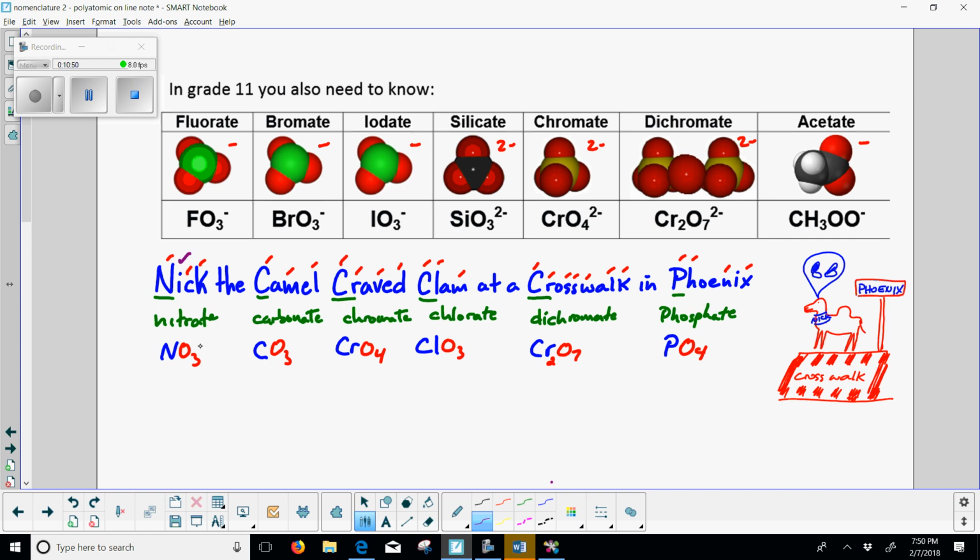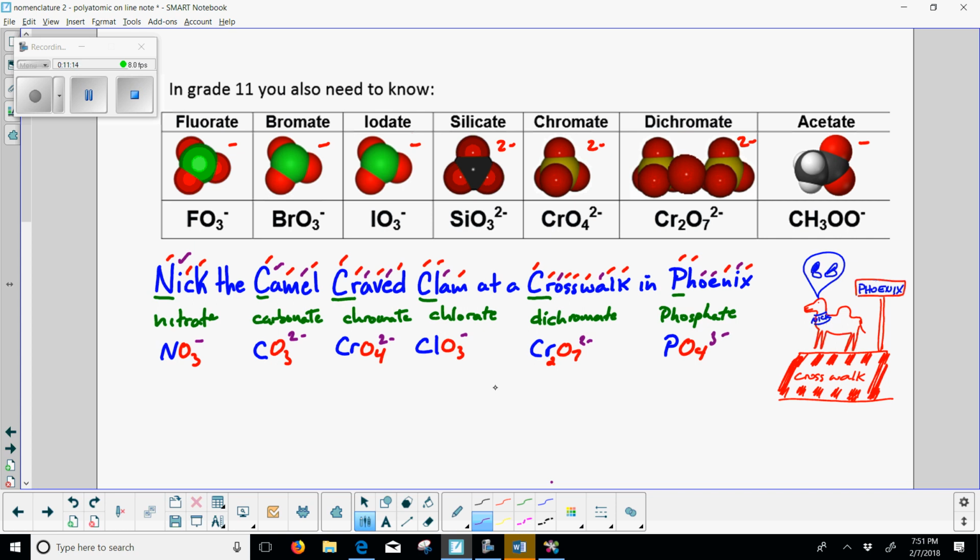I've got 1 vowel here, so 1 negative. Then 2 vowels, so 2 negatives, and 2 vowels, so 2 negative for the charge. 1 vowel, so 1 charge for chlorate. Here we got 2 vowels, so 2 negative, and Phoenix has 1, 2, 3, so 3 negatives.